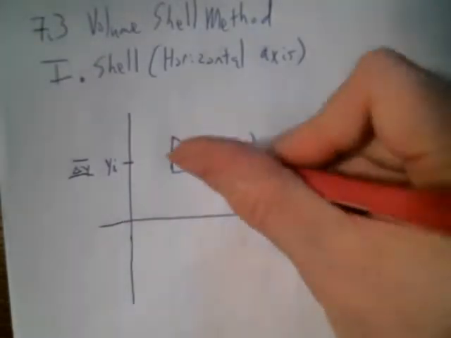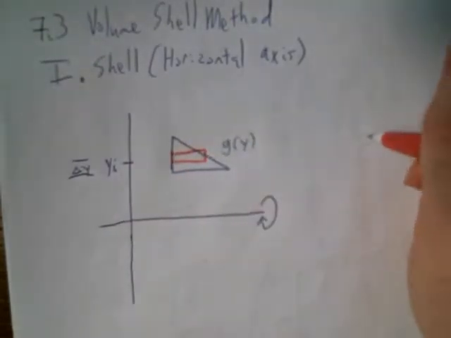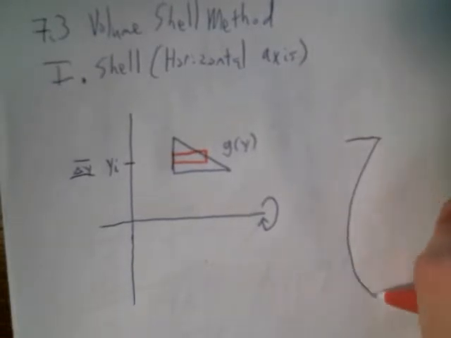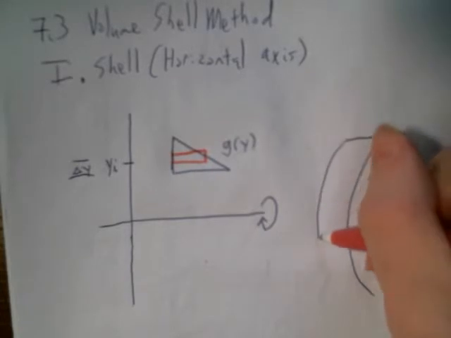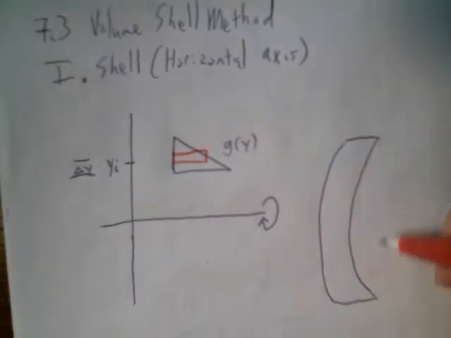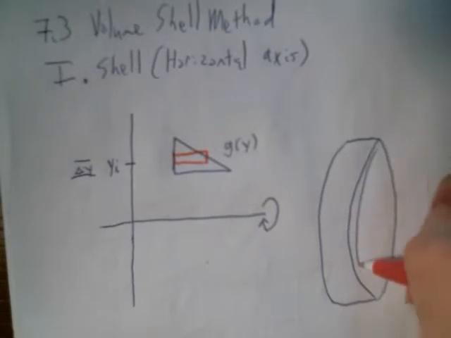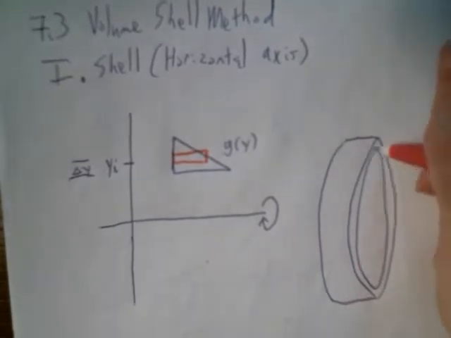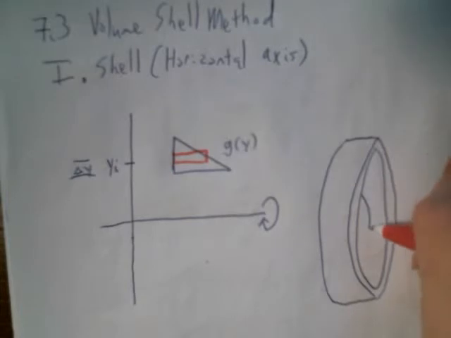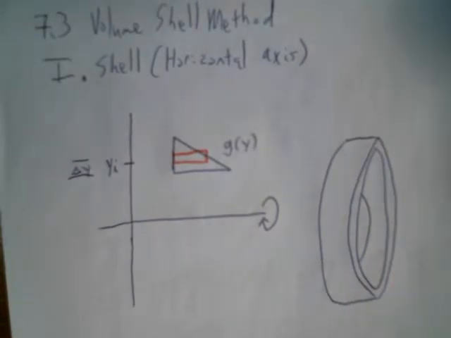So the end result of this red rectangle being spun would be this kind of object. Something like that.